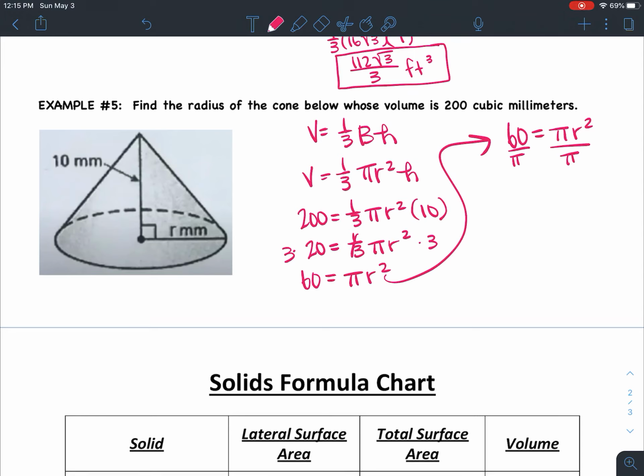And we'll have 60 divided by pi, which is about 19.1-ish. I'm going to leave it exact in my calculator for right now. And r squared, so when I take the square root of both sides, I end up with, let's say round it to the nearest tenth, 4.4 millimeters for our radius.